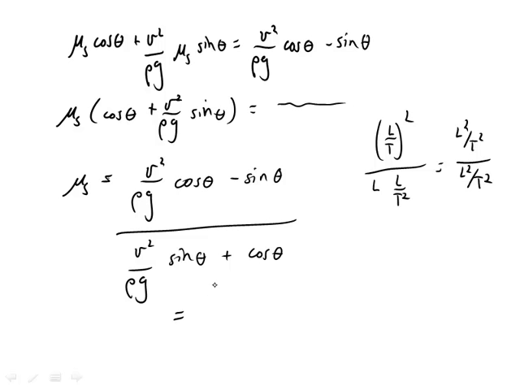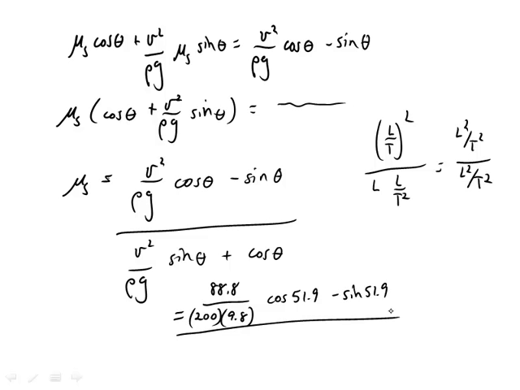And so what do I end up getting? V squared was 88.8. Not going to worry about units. I've already determined those go away. Rho is 200. G is 9.8. The angle that I'm talking about is 51.9 degrees. So that's the cosine of 51.9 minus the sine of 51.9.